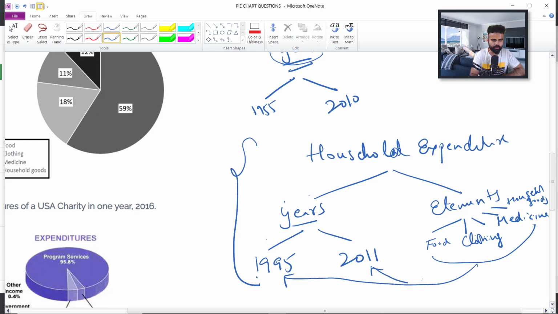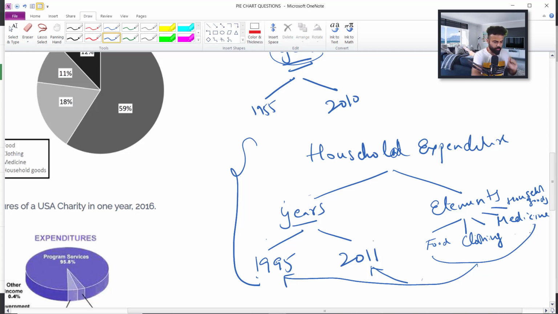So I have got food, clothing, medicine, household goods in 1995, and then I have got some percentage in 2011, and I just need to see how the percentage for these elements has changed over the years 1995 and 2011. That's it. We can make any pie chart look so simple with this technique.